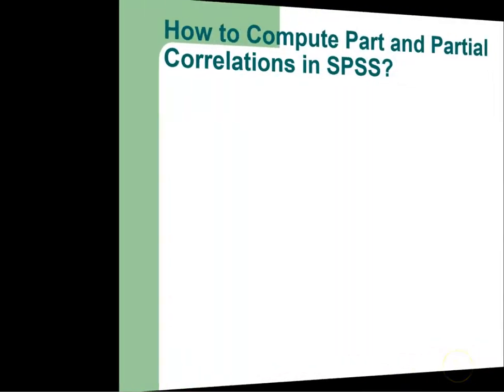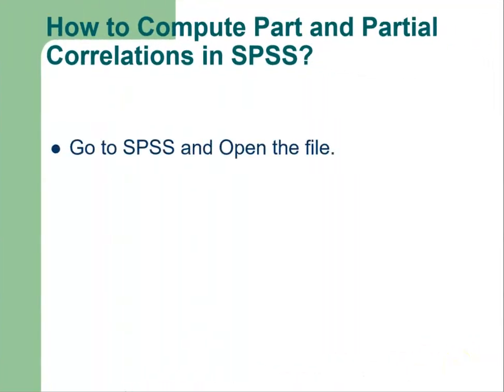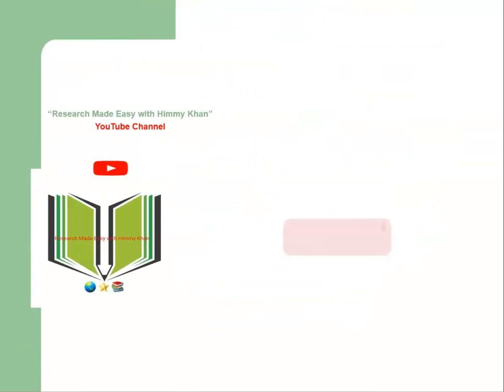So this is how we compute partial and part correlation, and this is the interpretation of zero order correlation, partial correlation, and semi-partial correlation or part correlation.